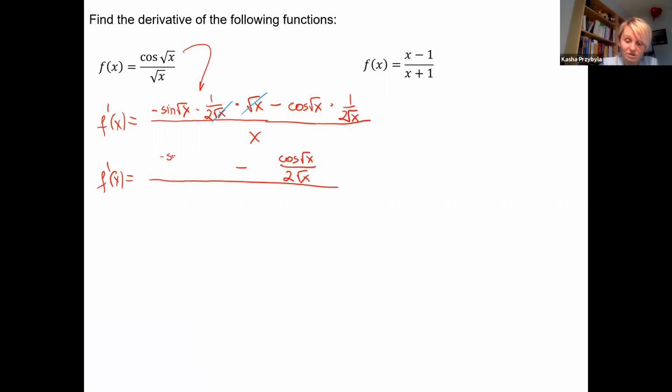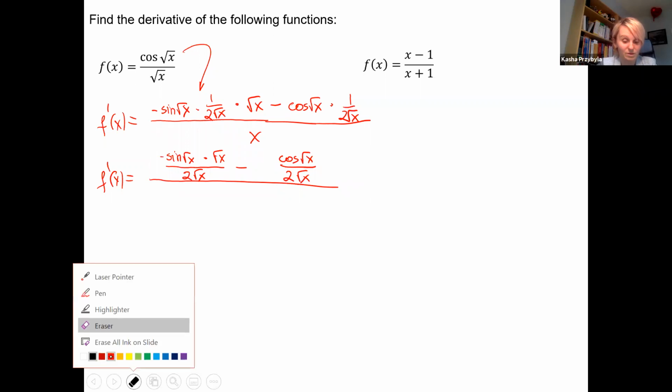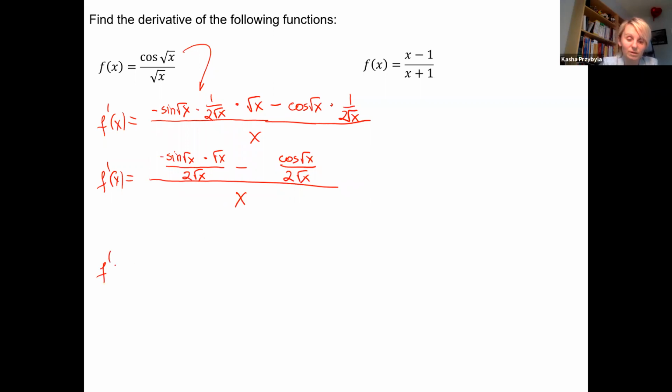I will put sine of root x times root x, all over 2 root x. Normally I would simplify, but you can see I can't simplify this one, and I have a common denominator. So the whole numerator will have the common denominator 2 root x, and then negative sine root x. Let me put that square root of x in front.